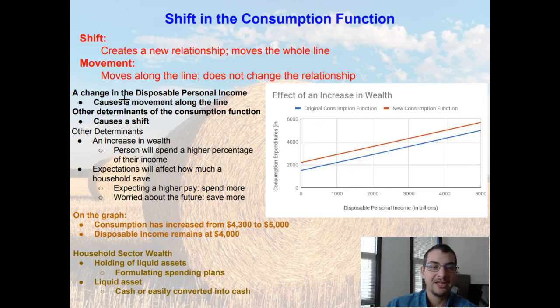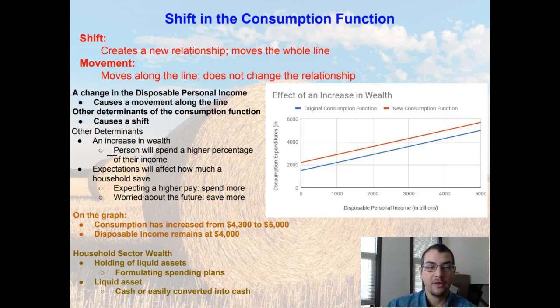So a change in disposable personal income will cause a movement along the line. If your income is changing, then you're going to have a movement along this line. But if other things change, other determinants will cause a shift of the consumption function. These other determinants might be something like an increase in wealth or expectations.